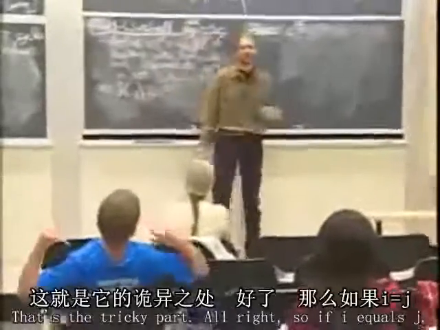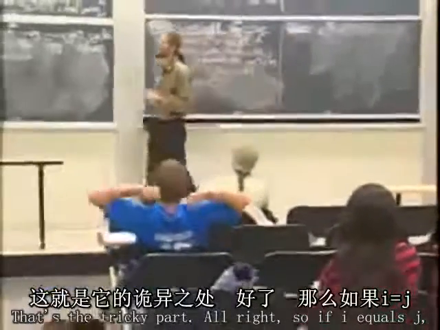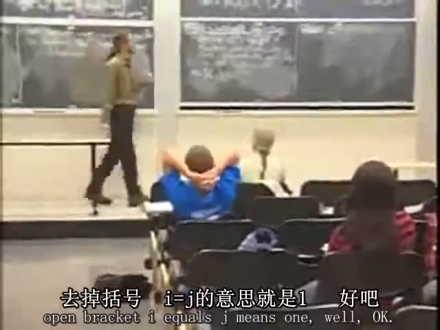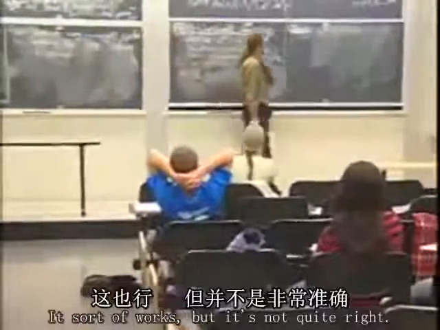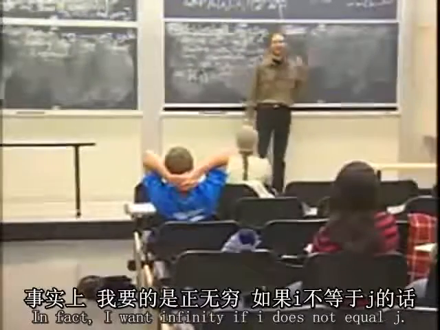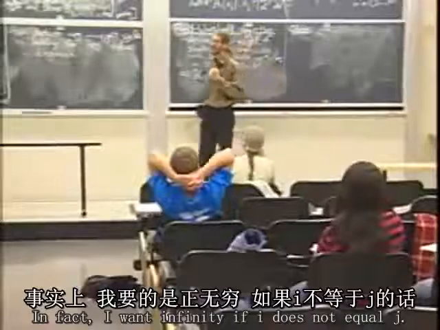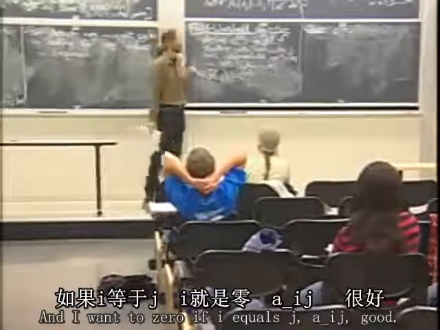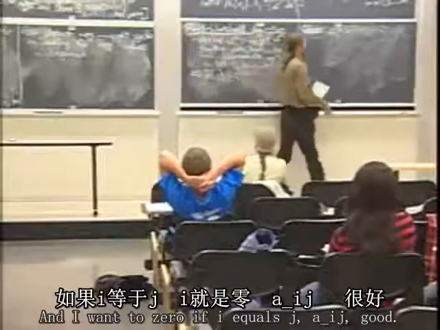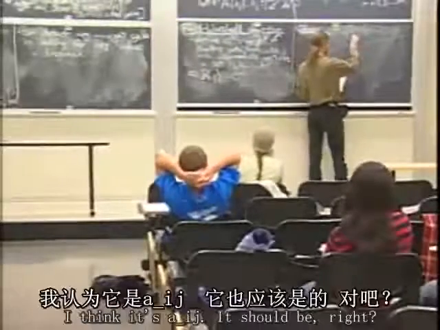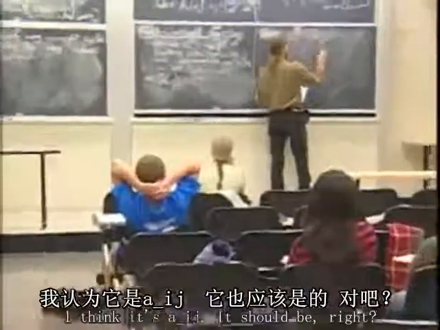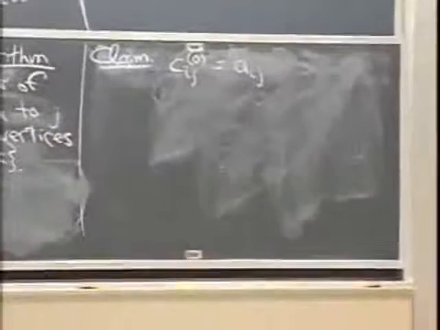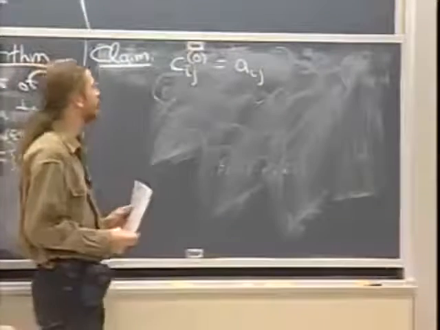That's the tricky part. Right, so if i equals j, you're clever. Right, open bracket i equals j means 1, well, okay. Sort of works, but it's not quite right. In fact, I want infinity if i does not equal j, and I want 0 if i equals j. Aij. Good. I think it's Aij. Should be, right? Maybe I'm wrong. Right, Aij.